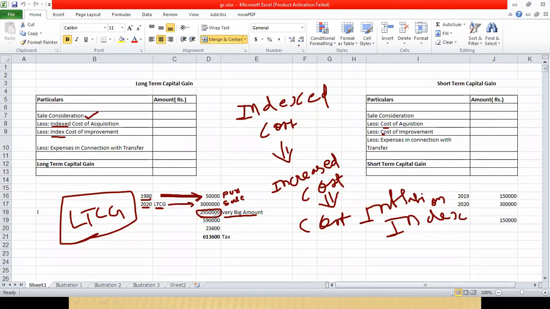If you calculate 20% tax on this, it will amount to 5 lakh 90,000, plus 4% education and higher education cess, so 6 lakh 13,600 will be the tax amount you have to pay on this capital gain. Understood? Because long-term capital gain is charged at 20%.